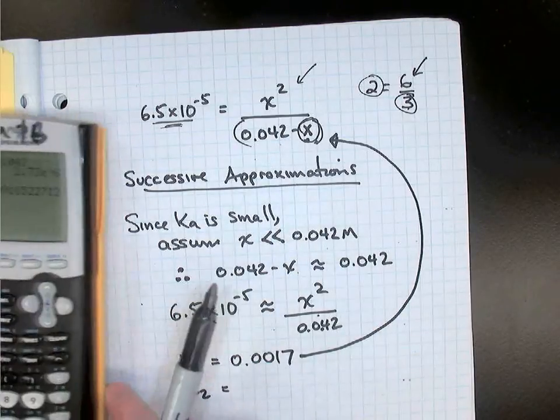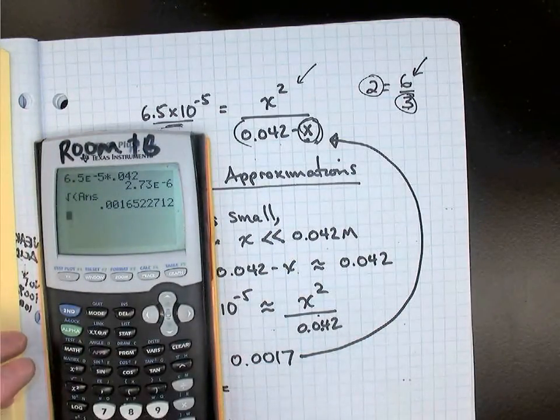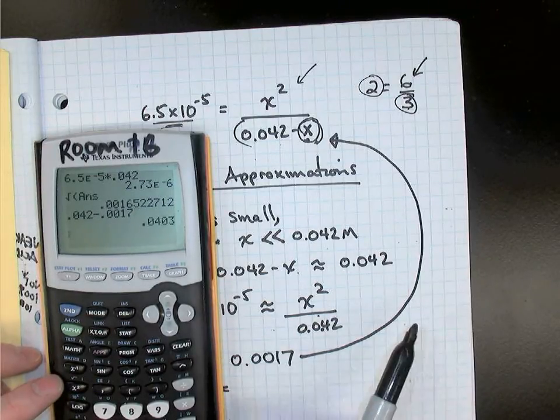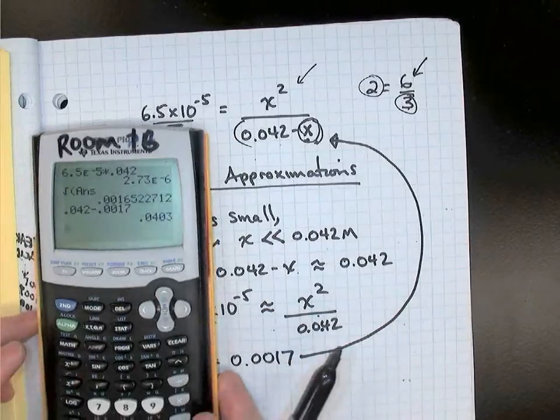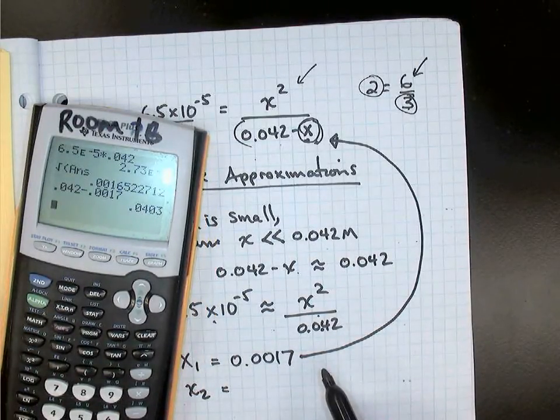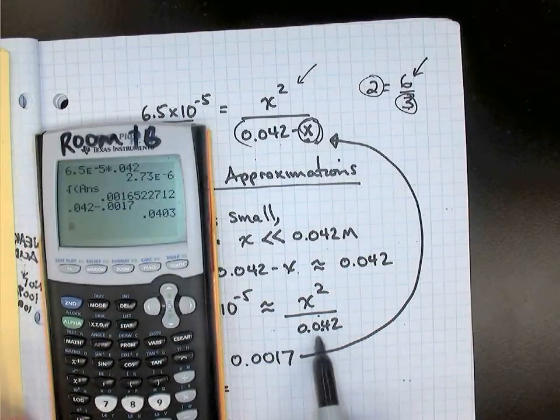So on my calculator, let's take 0.042 and subtract our x value that we got as our first approximation, 0.0017, equals. This is my new denominator in the simpler equation. So instead of 0.042, we have 0.0403.